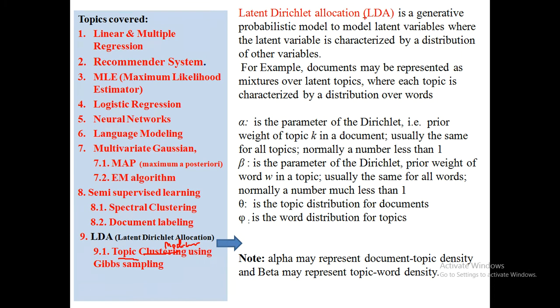So LDA is a generative probabilistic model with latent variables, where the latent variable is characterized by a distribution of other variables. For example, documents may be represented as a mixture over latent topics, where each topic is characterized by a distribution over a set of words.